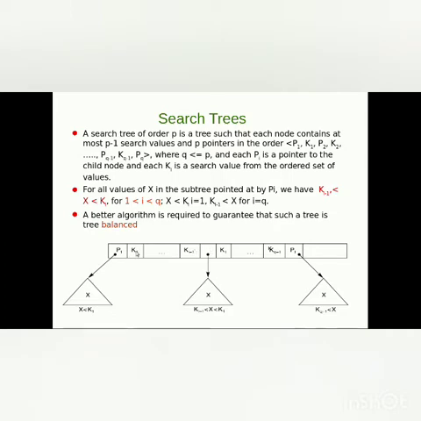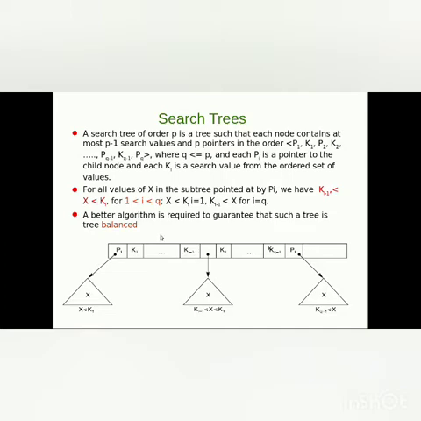Or if the search value is less than k1, the first key value, then you have to take the path pointed to by p1. Therefore, p1 is pointing to a subtree. Each pointer points to a subtree with the same node structure, and based on the search value you can branch appropriately. In the case of a binary tree you can have only two branches.